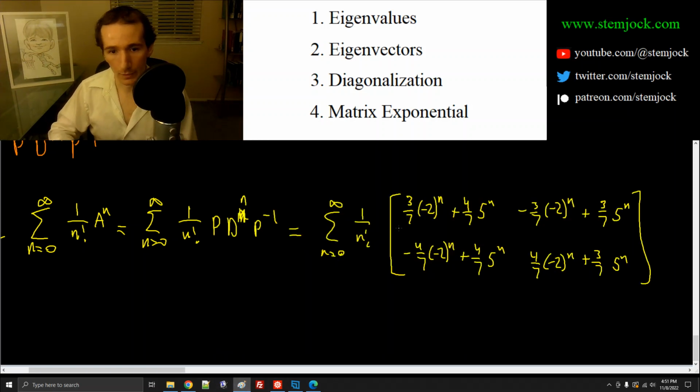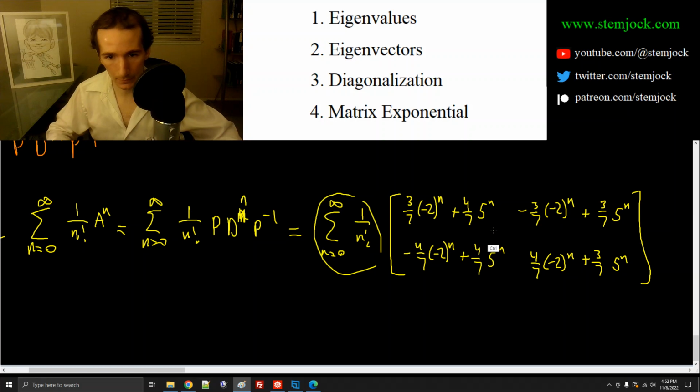So now what I do is I bring in the sum to each of the elements here, and I'm going to bring the constants out in front.